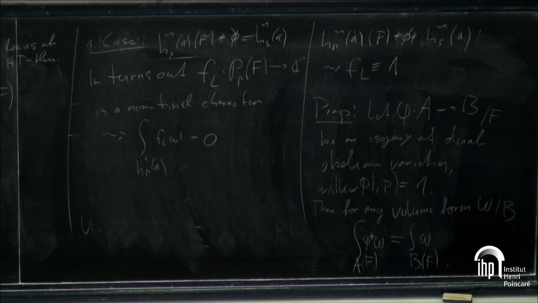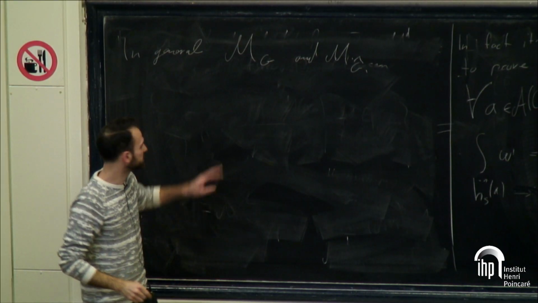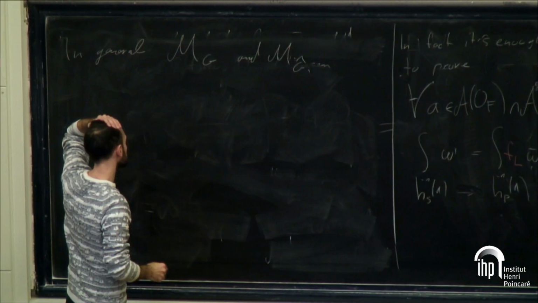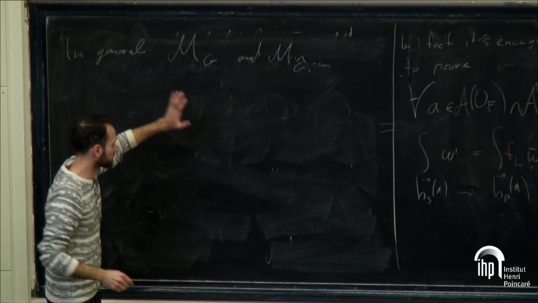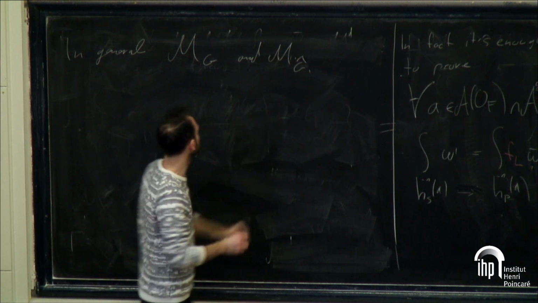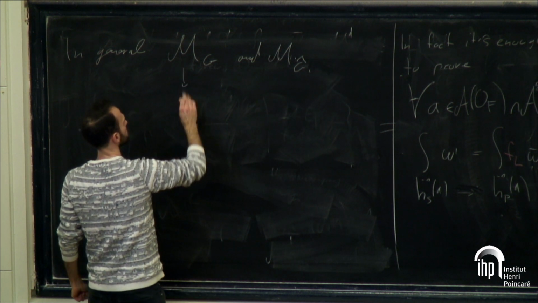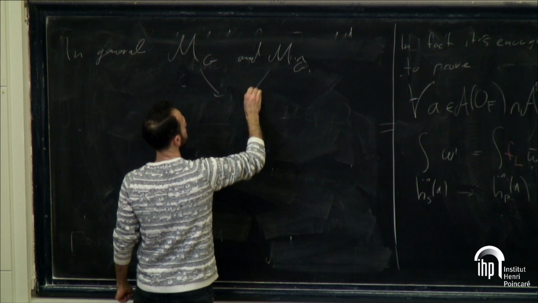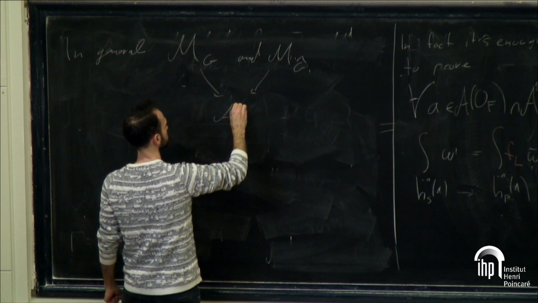So in the general case, I have something like M_G and M_G dual for two reductive groups. Now these are stacks, and we don't know how to integrate on them in general, but they also are fibered over the same base.